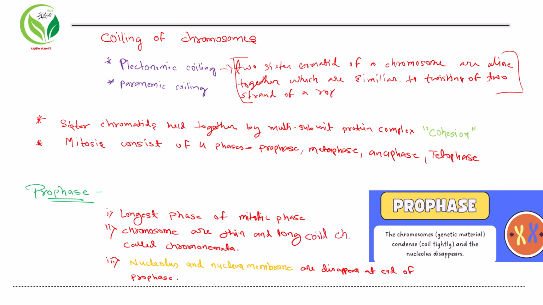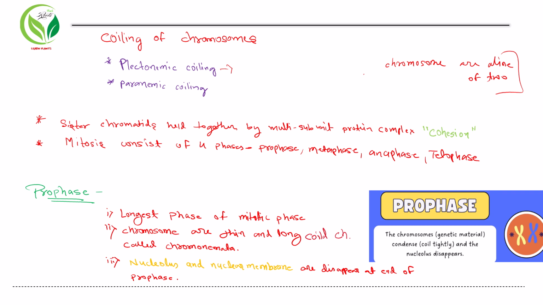And another one is paranemic coiling. Paranemic coiling: in this, the coil of one sister chromatid is simply slipped over the other sister chromatid, but not twisted to each other.